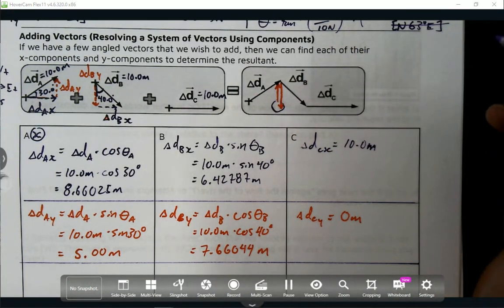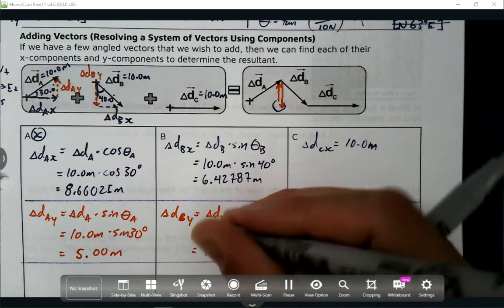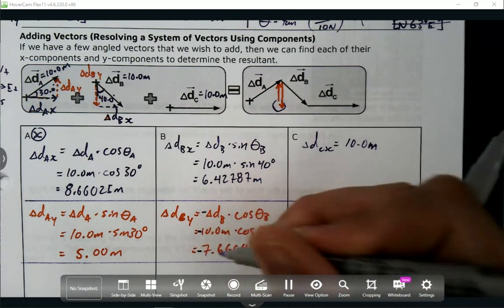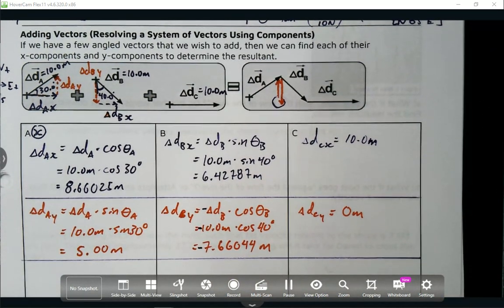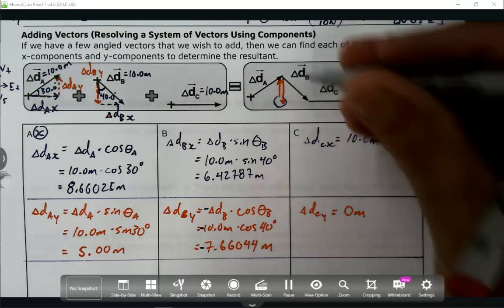You see what I mean? And the difference is how much I actually ended up going south by. Really and truly also, isn't delta dBy a negative value? I should slip in a directional negative sign there because I recognize what's happening with the reference frame. This guy's going south.